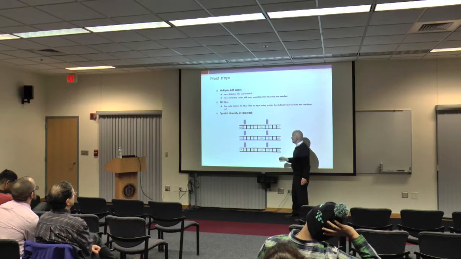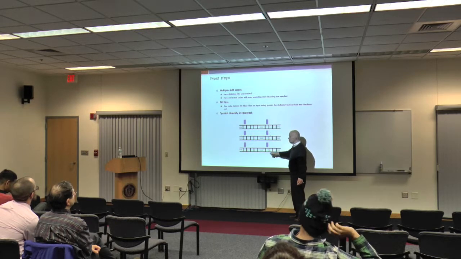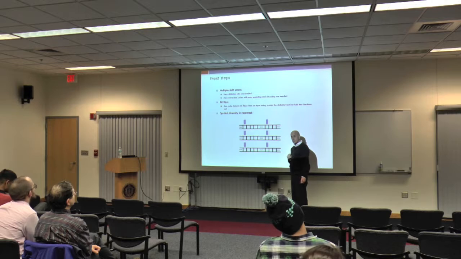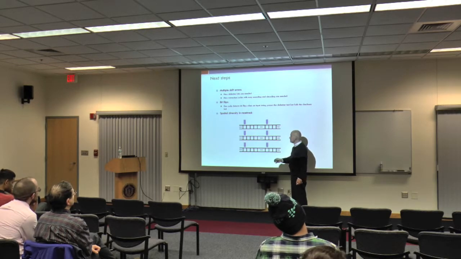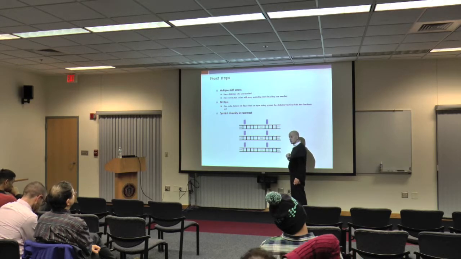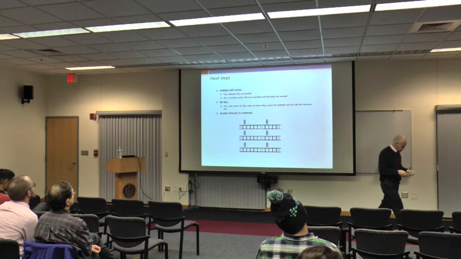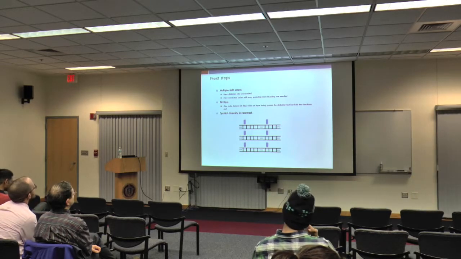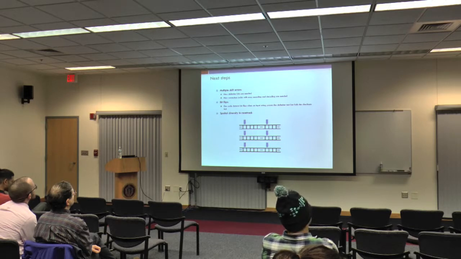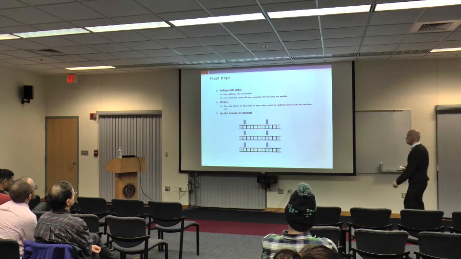And then we could think about running a very simple code along the columns here, something like a Hamming code, which is able to correct an erasure. So this is one way in which we could use spatial diversity to do something interesting.